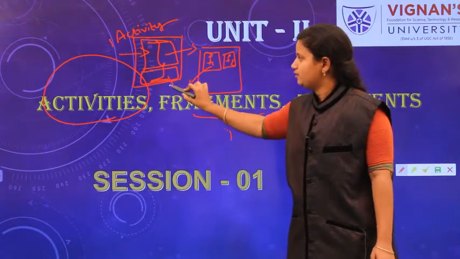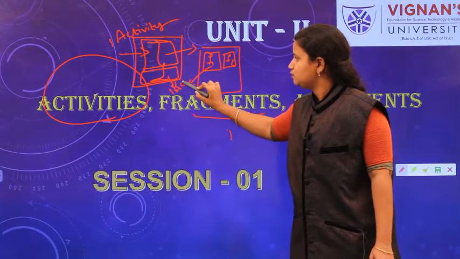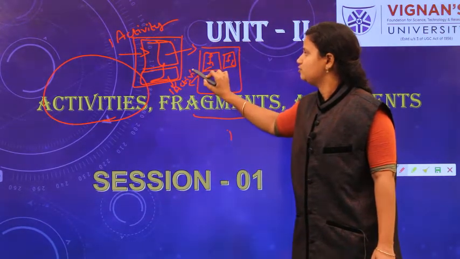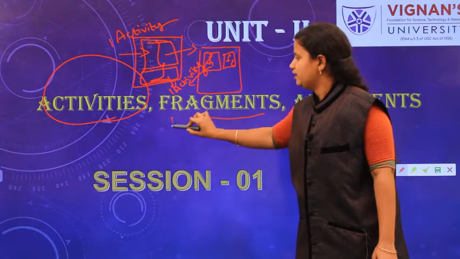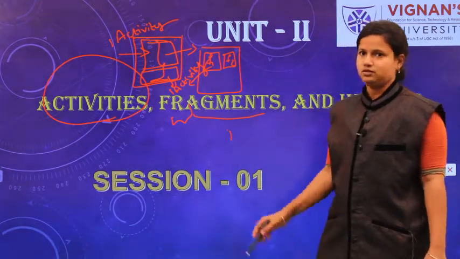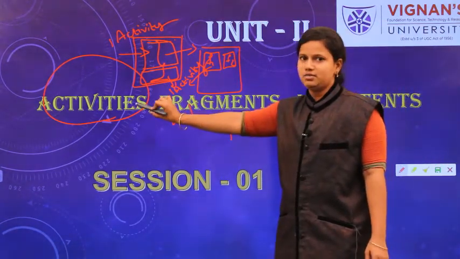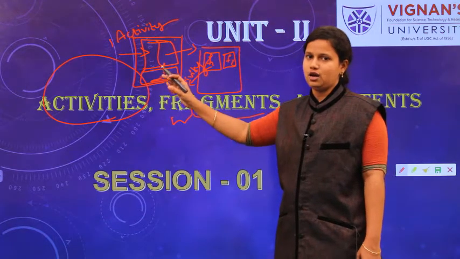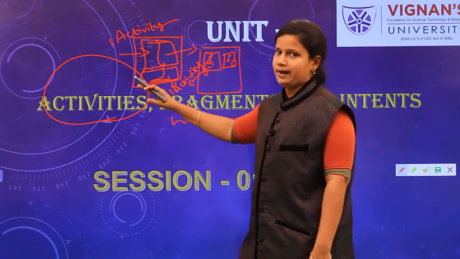So one activity consists of different fragments. An activity is whatever window appears when your application is opened or accessed.